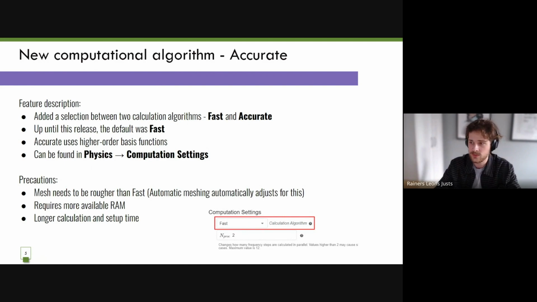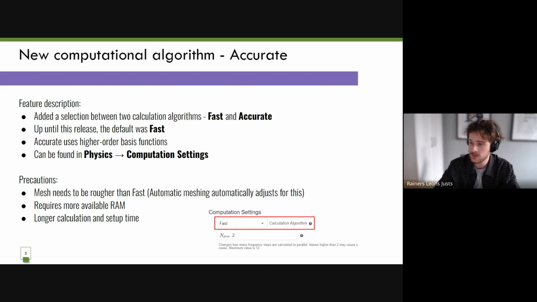And in these cases, we saw that there were some reflections or some calculation issues, which led to us increasing the basis function order. So this is how we actually achieve the accuracy in this case. And what we saw is that the accurate algorithm did produce much more lifelike results than the default algorithm up until this release, which we have now dubbed as fast.